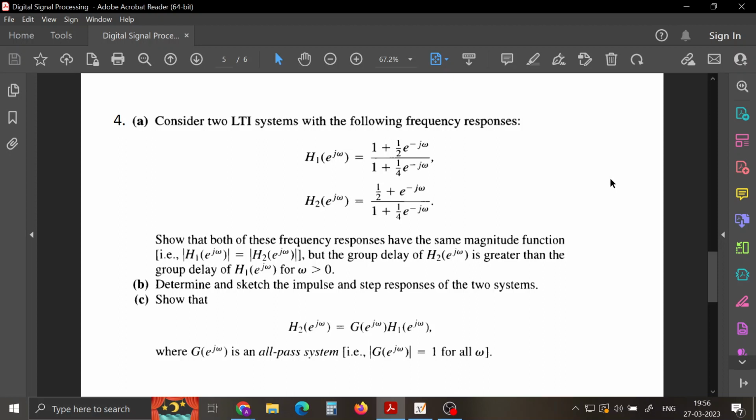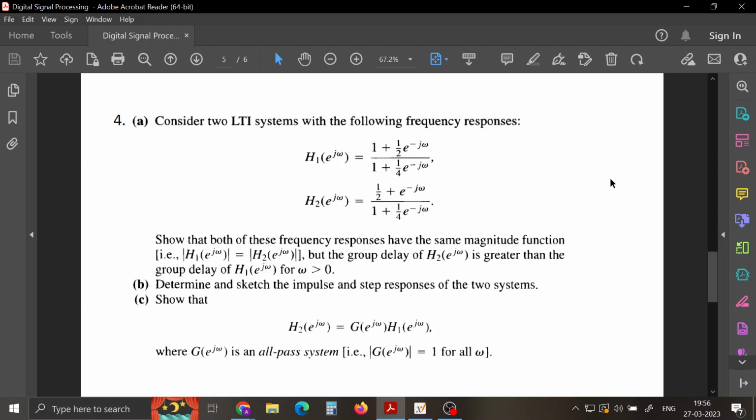So we are in the fourth question now. We have two LTI systems given by these frequency responses. The first system has a frequency response capital H1 of e power j omega, the second one has capital H2 of e power j omega. And what we need to show in the first part A is that both of them have the same magnitude function for all omega.